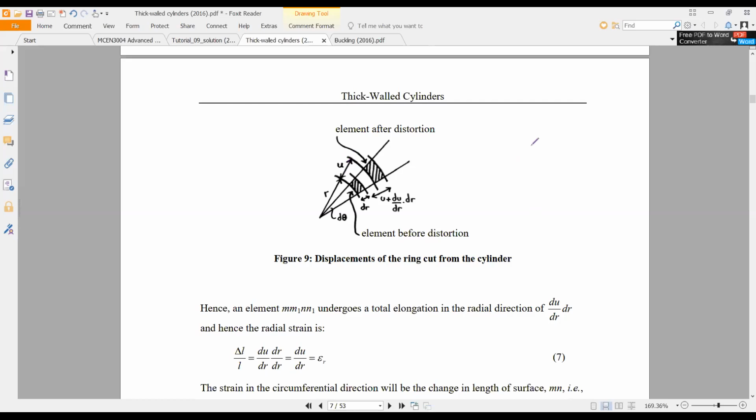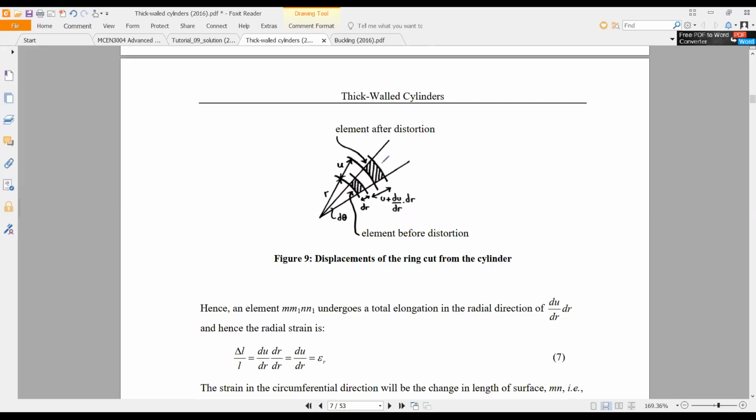Normally you put e or x for the displacement. In here they use u. Okay. So r plus u, that is the displacement of the inner surface. Then the outer surface displacement will be this one, u plus du by dr times dr. Like the stress, you calculate the inner surface stress.